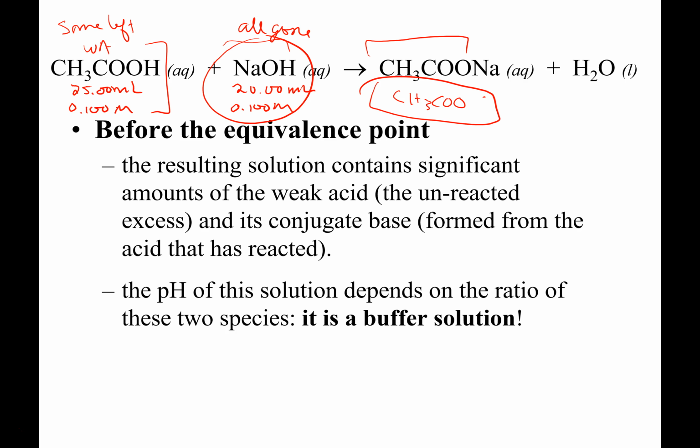So you have some CH3COOH left, and you've created some acetate by dripping in a strong base. So we basically, pun intended, need to find moles of acetate formed and moles of acetic acid remaining and plug it into the Henderson-Hasselbalch equation. Anytime you see a buffered solution, you should be thinking HH equation, which is exactly what we're going to do.